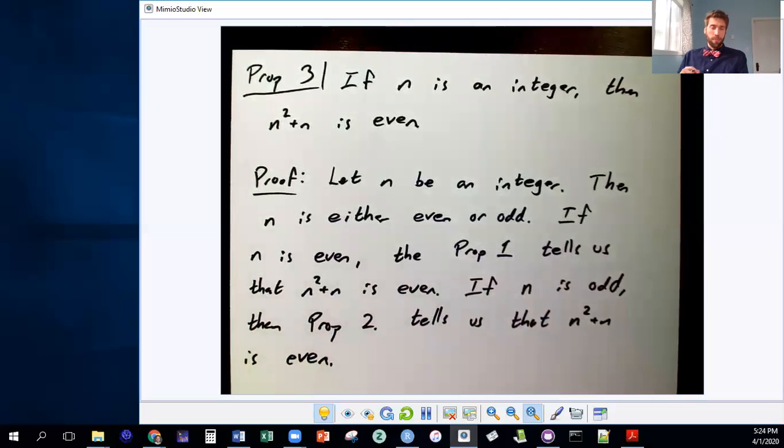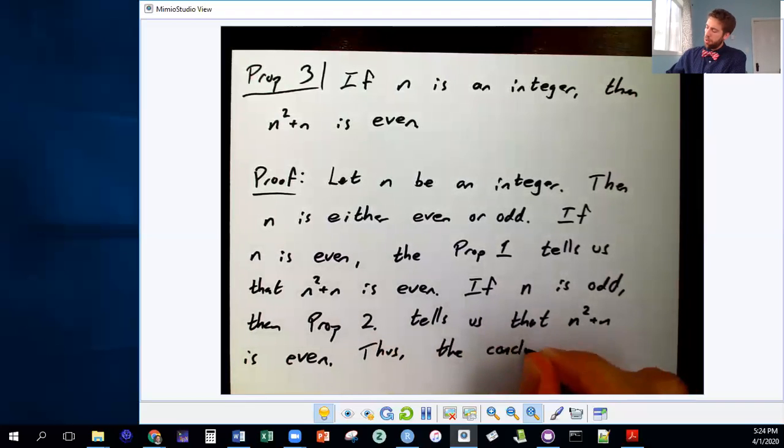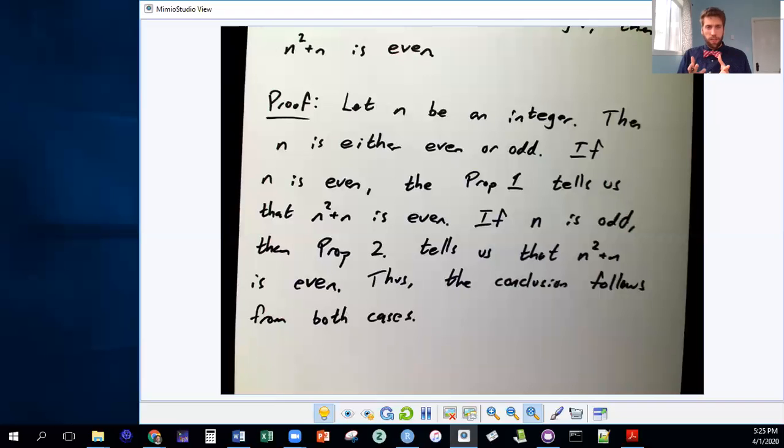Okay? Thus, the conclusion follows from both cases. That's one way to say it. It kind of summarizes the fact that we broke it into cases, and it's either even or odd.